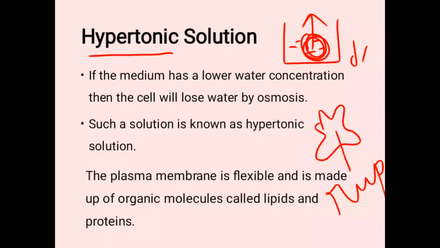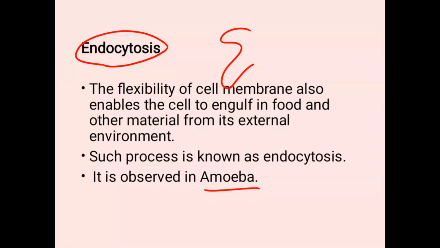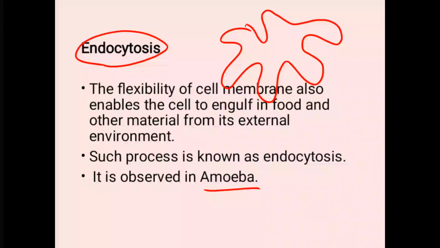So now from this we understand that the plasma membrane is so flexible and it is made up of lipids and proteins. And because of this plasma membrane, the endocytosis process occurs in the protozoan amoeba. So you know, amoeba has pseudopodia, right?